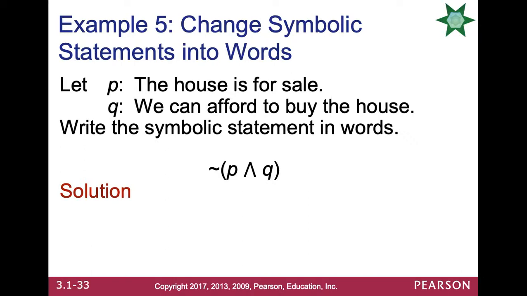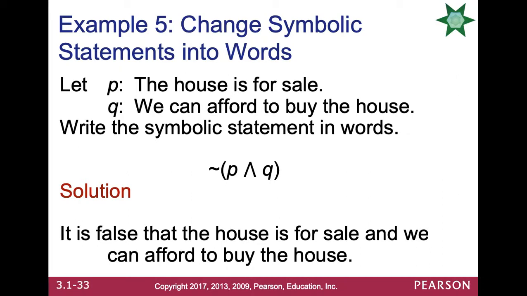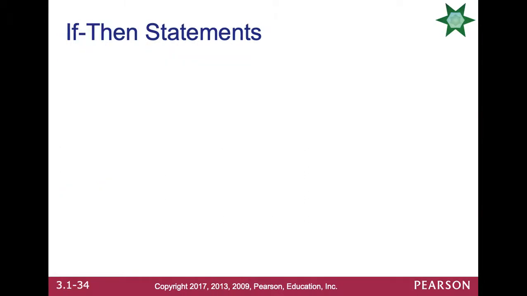The solution, we're negating both statements. So it would be the house is not for sale, and we cannot afford to buy the house. So it is false that the house is for sale or we can afford to buy the house. So we're negating both.